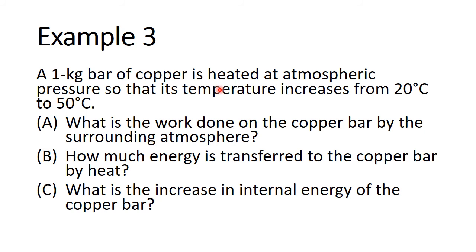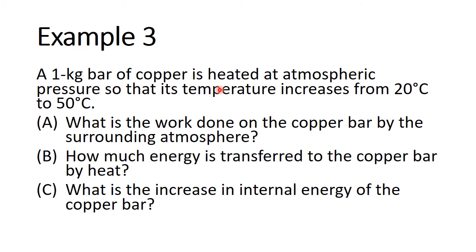O dito, meron tayong 1 kilong bar ng copper which is heated at atmospheric pressure so that its temperature increases from 20 degrees Celsius to 50 degrees Celsius. Ang hinahanap po sa atin is letter A, work done on the copper bar by the atmosphere. Letter B, yung energy that is transferred to the copper bar by heat.